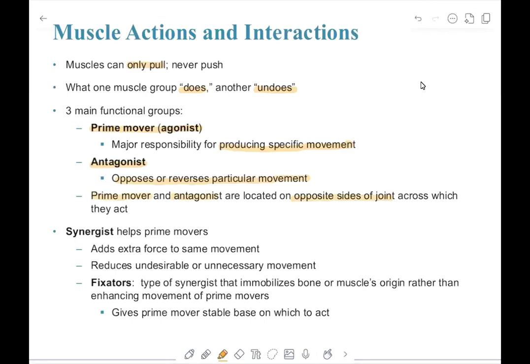The third functional group is called a synergist, which helps the prime movers, and it adds extra force to the same movement, reduces undesirable or unnecessary movement. One of these is called a fixator, and that's a type of synergist that immobilizes the bone or muscle's origin rather than enhancing it, and it gives the prime mover a stable base on which to act.